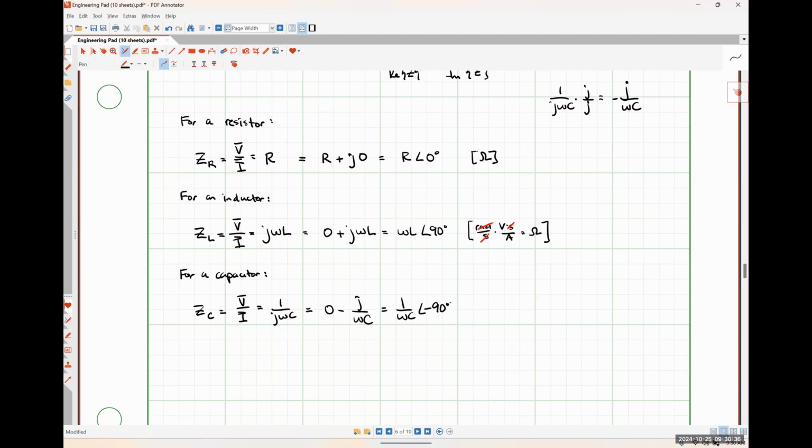So we can make a couple of quick observations here. The impedance of a resistor is purely real. An inductor gives us positive reactance, and a capacitor gives us negative reactance. Okay. If we look at the units, we have 1 over radians per second. So I'm just going to do that as seconds per radian.